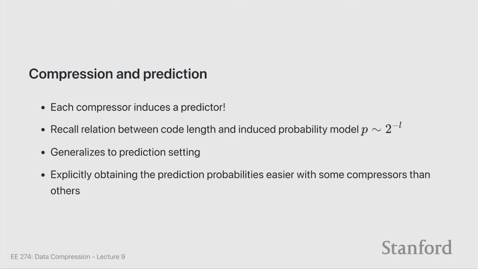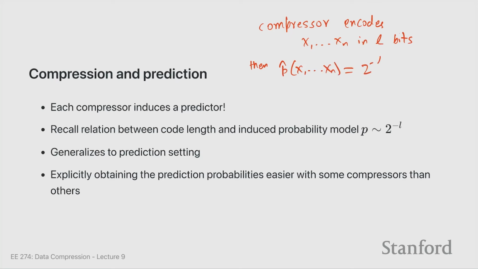Here the idea is, if you have a compressor that encodes x1 through xn in L bits, then the predictor that the compressor gives you is basically given by this thing. So basically, each compressor is a predictor, and each predictor is a compressor internally.